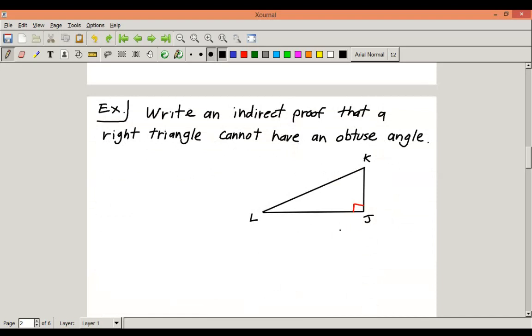Okay, so I'm going to make an indirect proof argument here. You see in the diagram a right triangle LJK. We want to write an indirect proof that a right triangle cannot have an obtuse angle. Remember, an obtuse angle is an angle greater than 90. So what we would do is assume the opposite of what we're trying to prove.